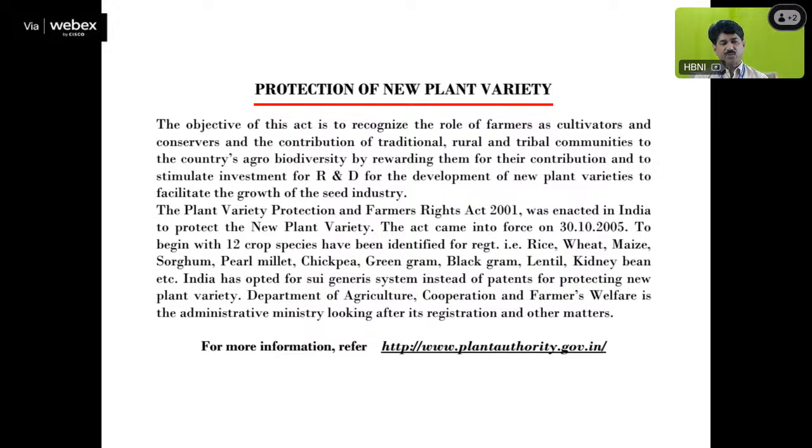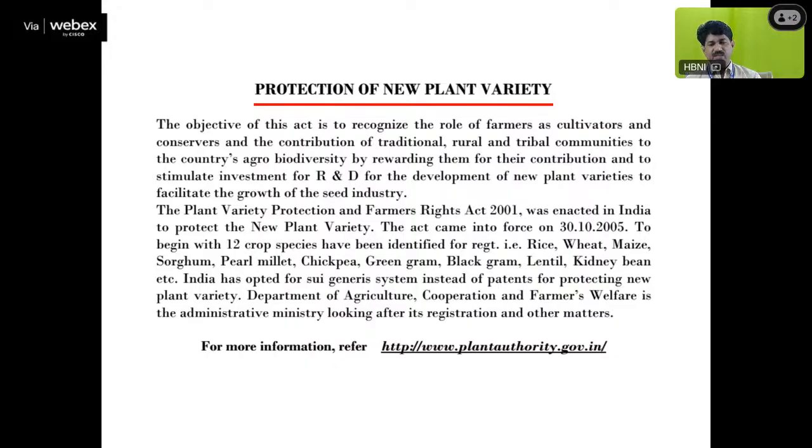India has opted for a sui generis system instead of patents for protecting new plant varieties. India has not gone for patents, because we will discuss what is not included in patents. So India has gone for this sui generis system. You can see all the details about this on the internet also.